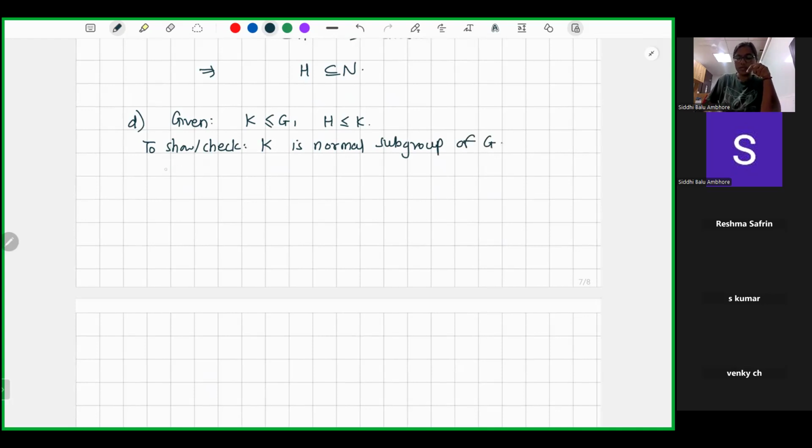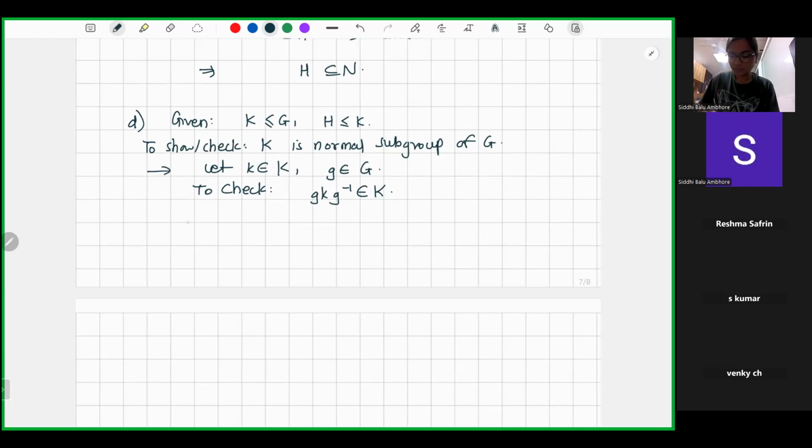Okay, so how to proceed with this? Again, to check K is a normal subgroup, let k belong to K and this small g belong to G. We just need to check whether g k g inverse belongs to K or not. That's what we need to show or check.